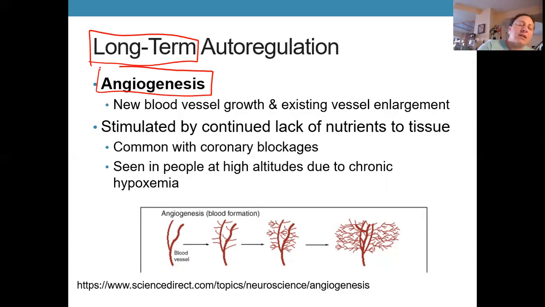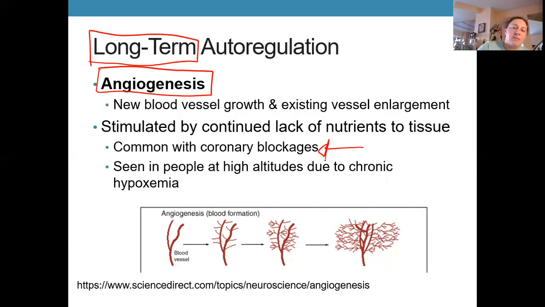Angiogenesis is what we call it. It's new blood vessel growth, as well as enlargement of existing blood vessels. So if we have tissues that are just constantly getting deprived, then we're going to have this happen. One of the common locations for this is the vessels around the heart, so the coronary blood vessels.